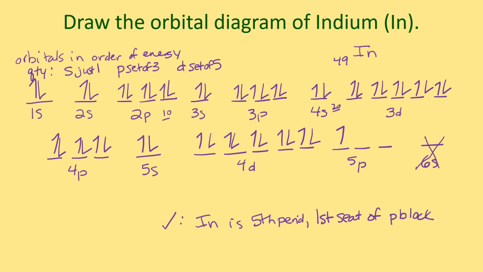And that means I'm expecting that the final subshell should be 5 for the 5th period, should be p because it's in the p block, and it should be 1 because it's in the first seat. And sure enough, when I look at my orbital diagram, I have 1 electron in the 5p block. So this would be 5p1. So it's a good check if I want to use the periodic table positioning to check my orbital diagrams.